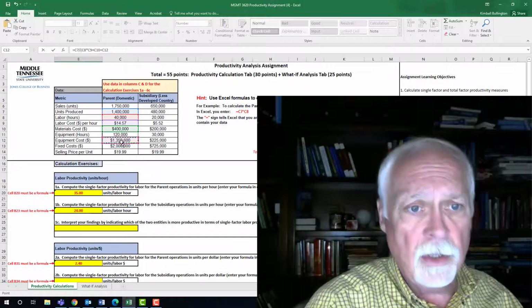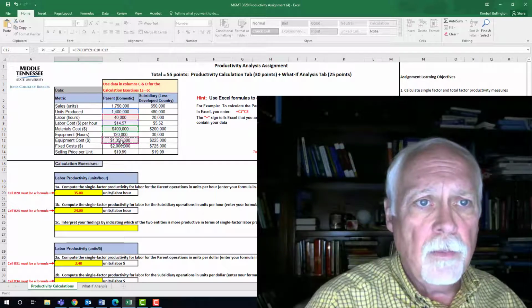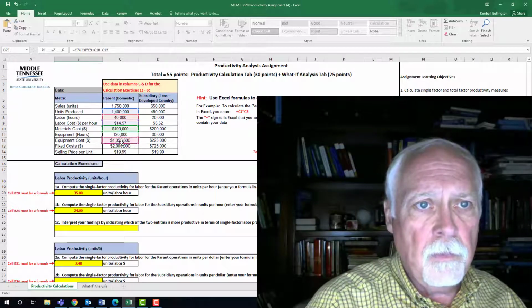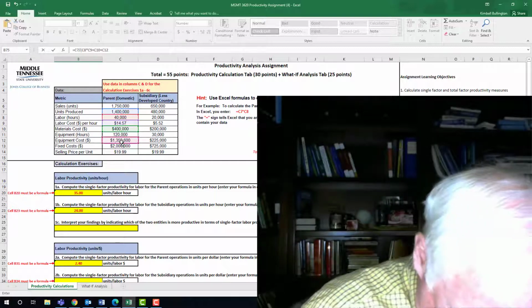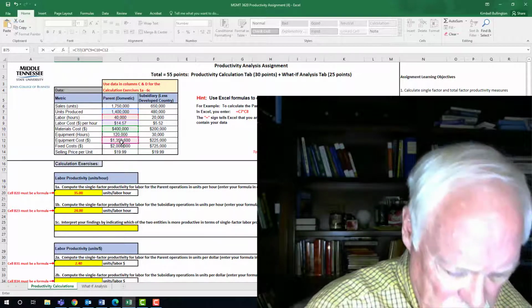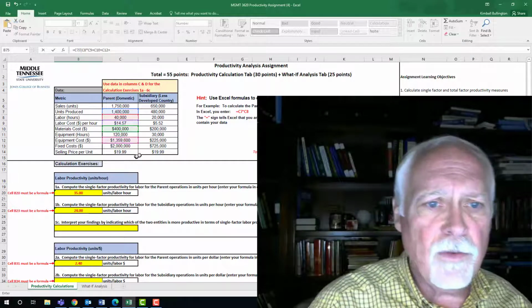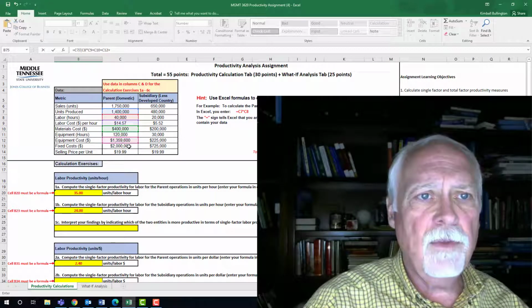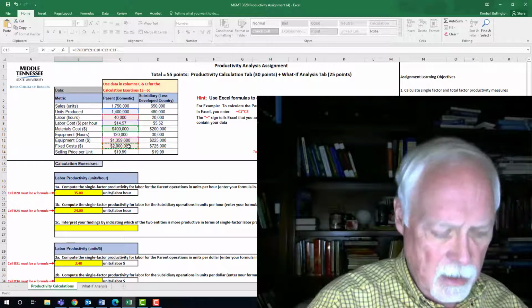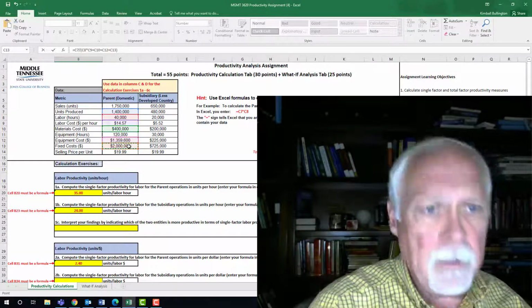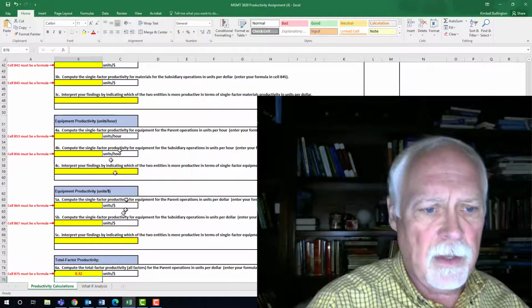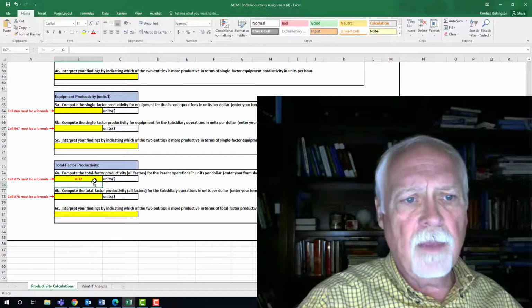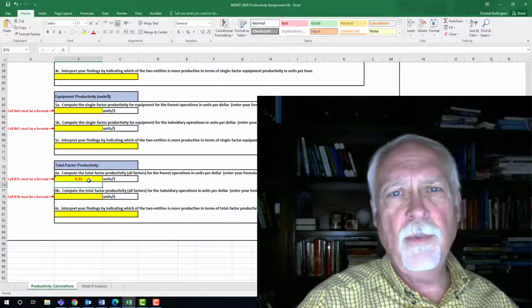Make sure that's in dollars. Plus, I'm sorry, I'm forgetting my keyboard here, the fixed cost, and then a parenthesis at the end, and the total factor productivity is 0.32.